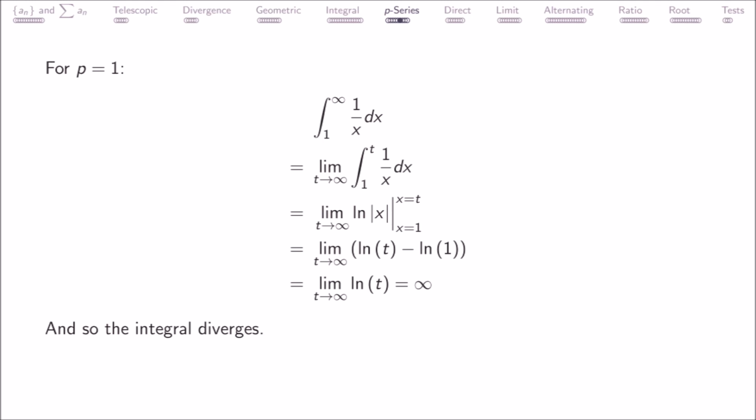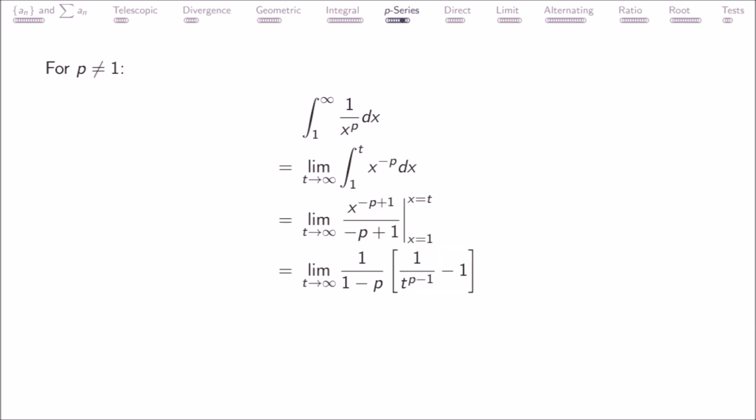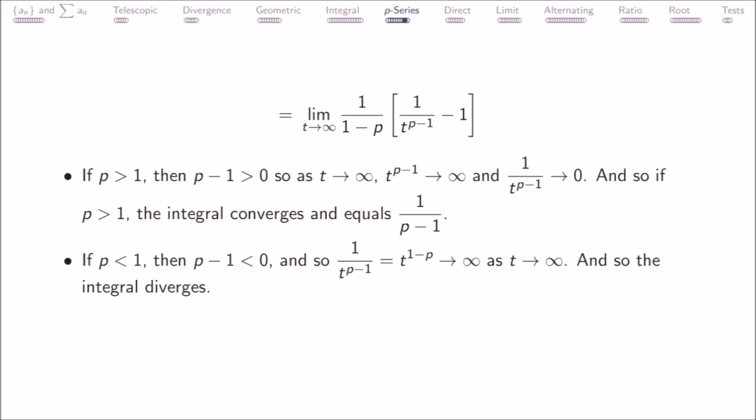For p equals 1, we have the following, and so the integral diverges. For p not equal to 1, we have the following. If p is greater than 1, then we have the following, and so if p is greater than 1, the integral converges and equals this.